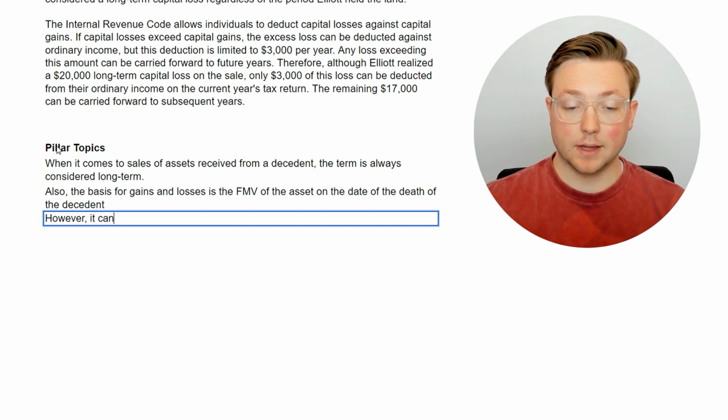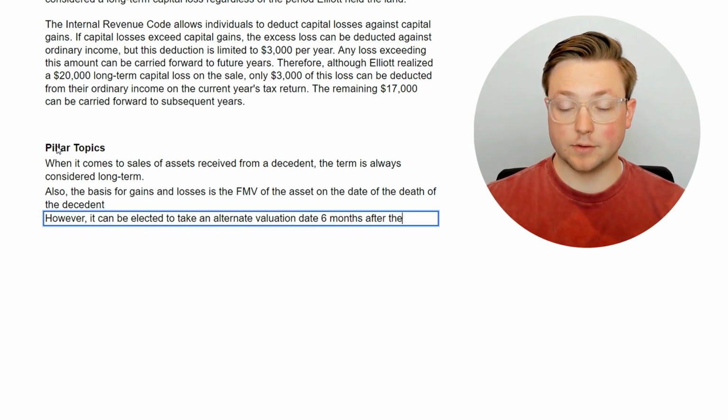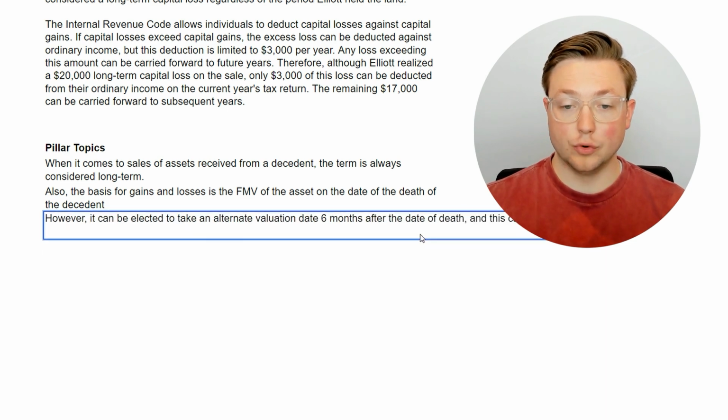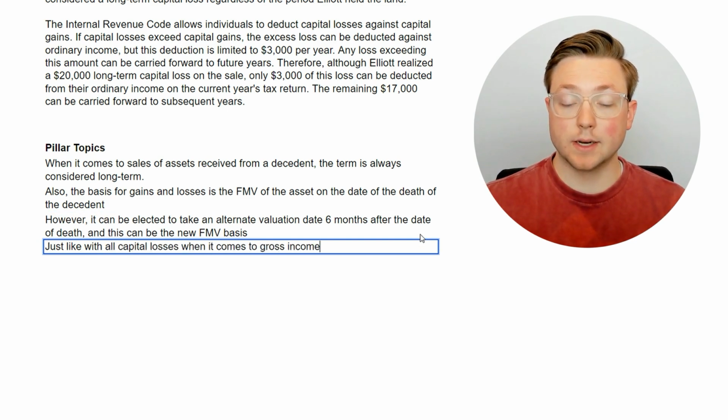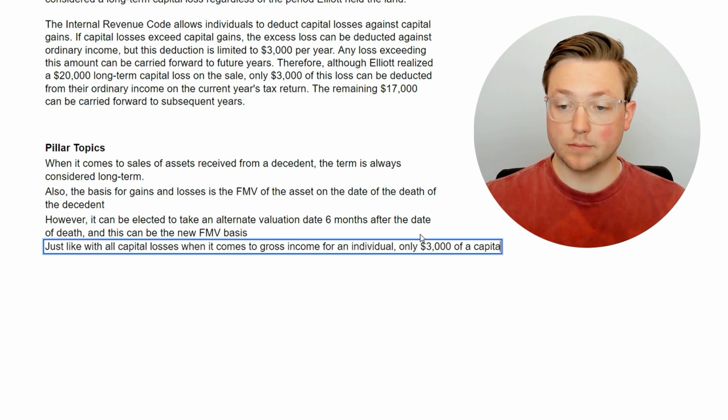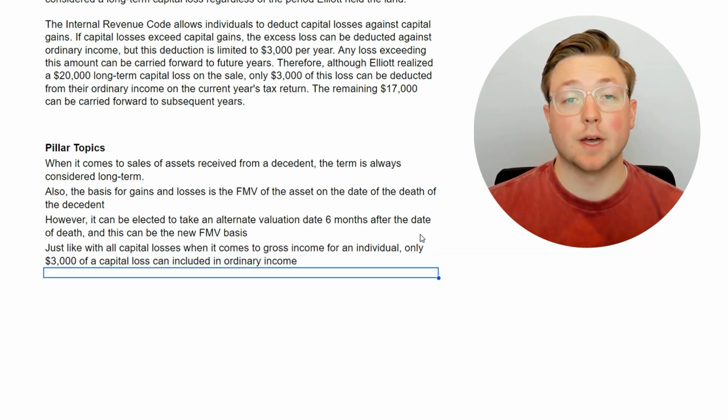However, it can be elected to take an alternate valuation date 6 months after the date of death, and this can be the new fair market value basis. Just like with all capital losses, when it comes to gross income for an individual, only $3,000 of a capital loss can be included in ordinary income. All right, those are the pillar topics.